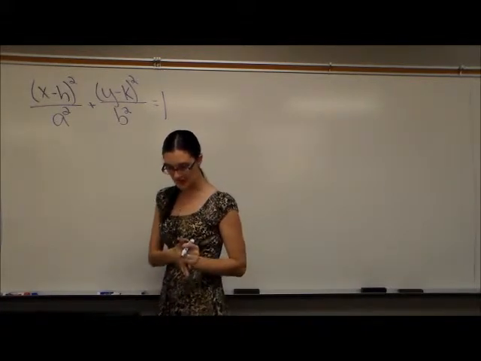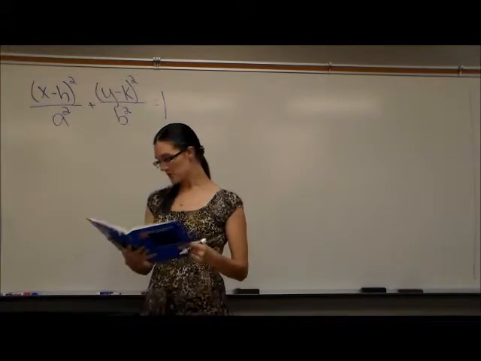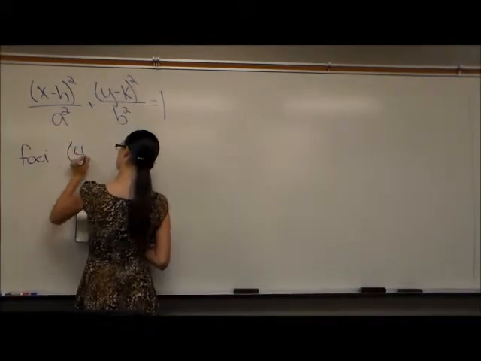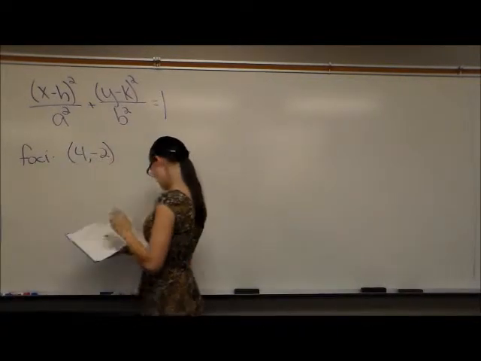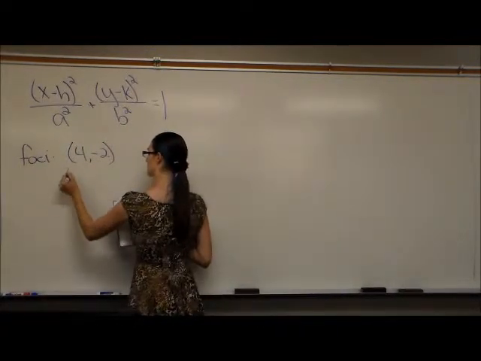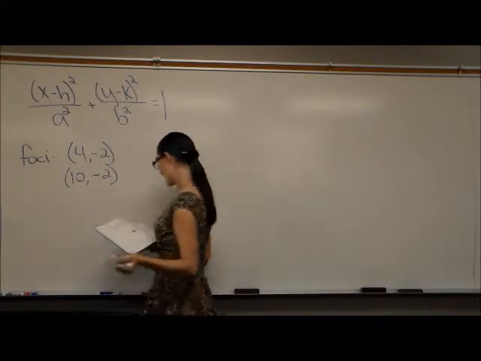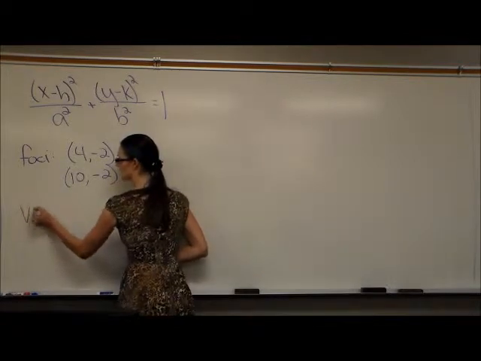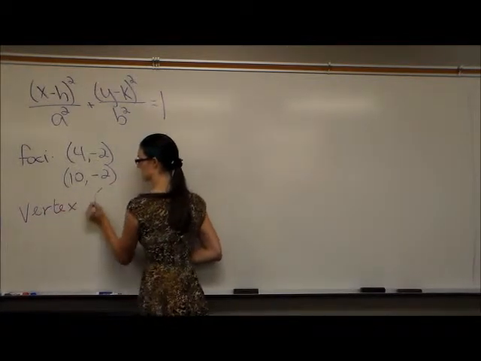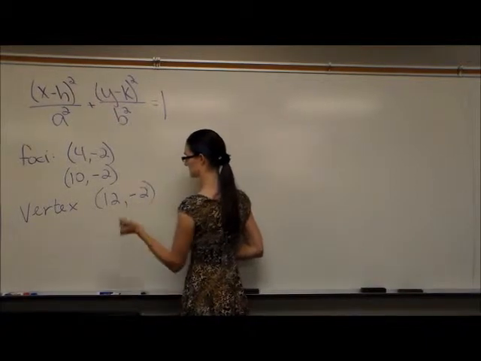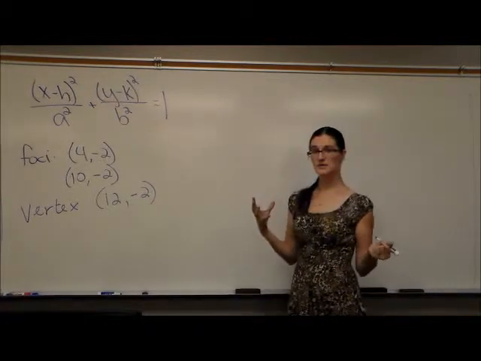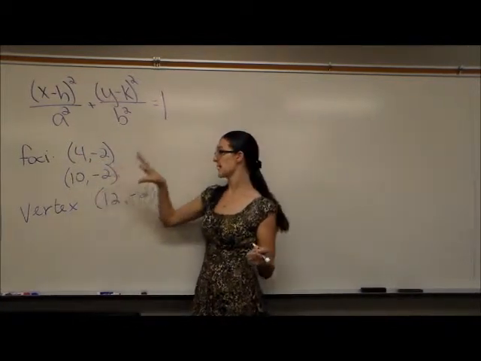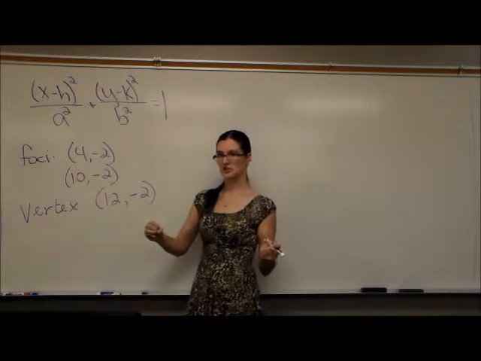So the first example is find the equation of the ellipse with foci at 4, negative 2 and 10, negative 2. And then it tells us also the vertex is at 12, negative 2. Okay. So our first thing we've got to do is find the center. Since these are at different points and they can't just do a plus or minus, that tells us the center's not at the origin.